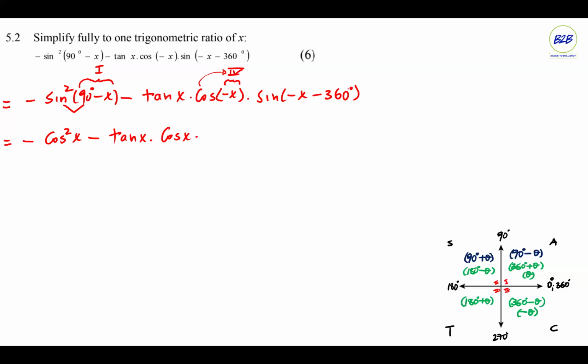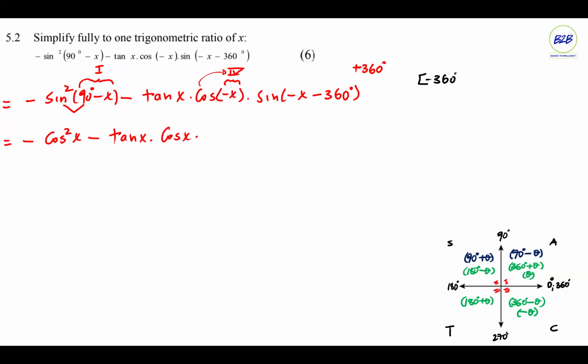And then we have this monster here, minus x minus 360 degrees. Then we must add 360 degrees. Why? Because this 360 here within the brackets is negative. So we don't want negative angles here.